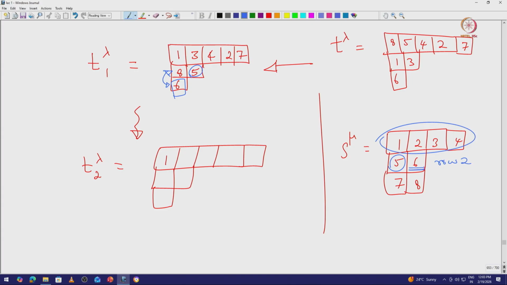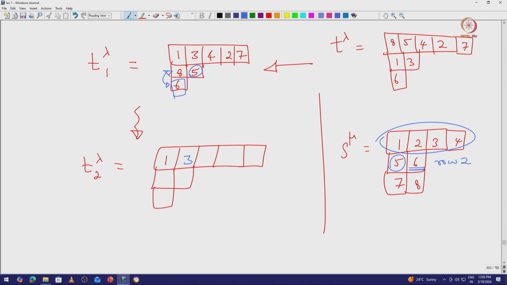Then you will get the necessary tableau that satisfies the property that the first two rows of S mu entries stay as they are in the first two rows of this T2 lambda.